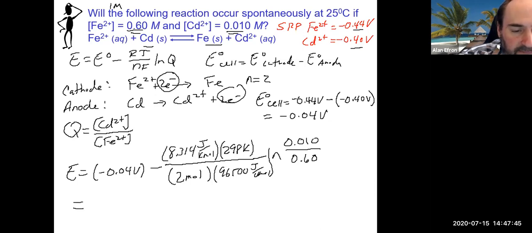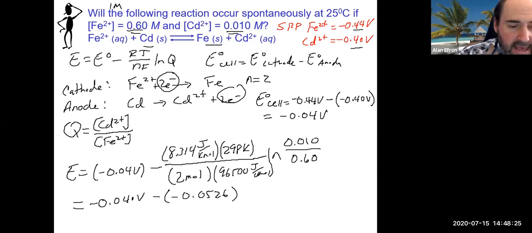So if we do some cleaning up, we get minus 0.04 volts minus, and if we do everything on the right-hand side there, we end up with minus 0.0526.